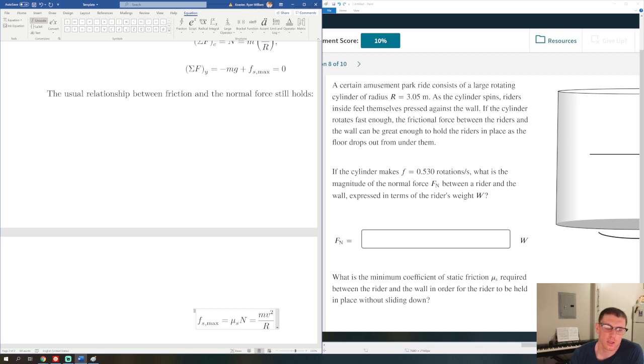And what we do then is we just solve this for the coefficient, right? So this equation here tells me that the coefficient is mv squared over rn, let's say.